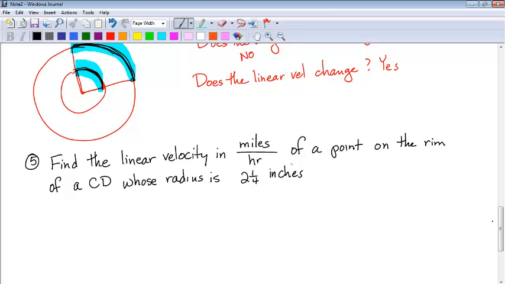That's about the normal size of a CD, like a music CD. Find the linear velocity in miles per hour of a point on the rim of a CD whose radius is 2 1/4 inches if the angular velocity is 35,000 RPMs.